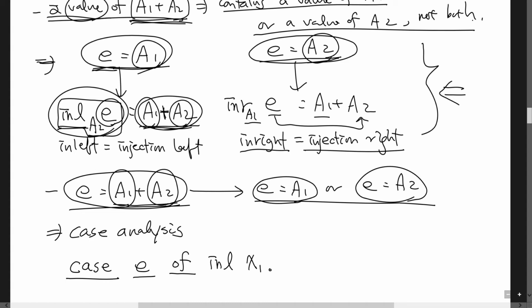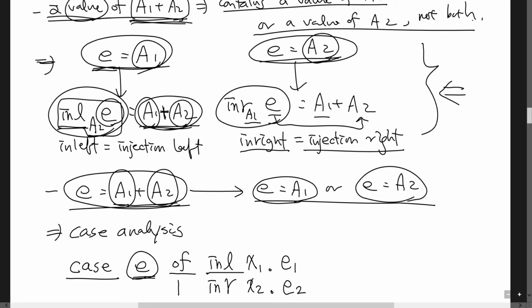In that case, we evaluate expression E1. Or expression E could have been produced with injection right. In that case, we assume that expression E is injection right x2. And in that case, we proceed to evaluate expression E2.